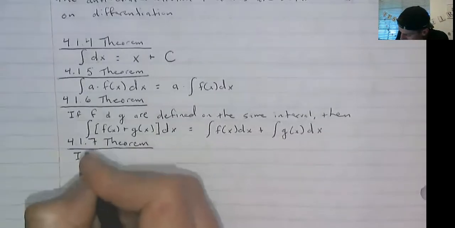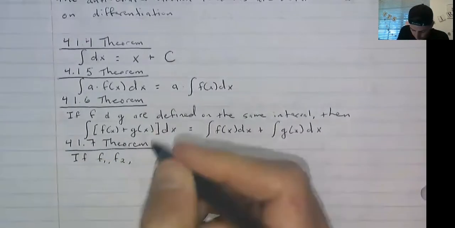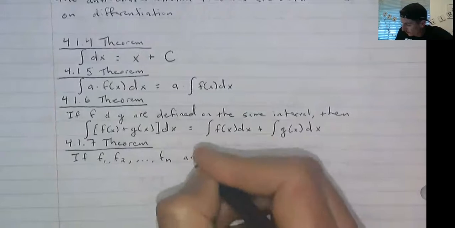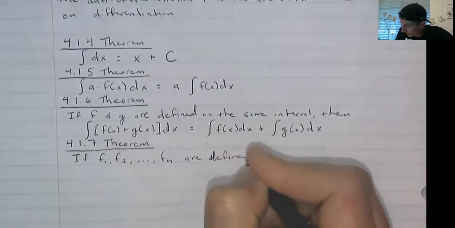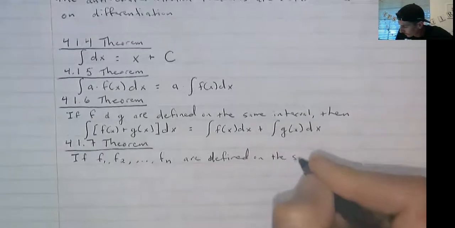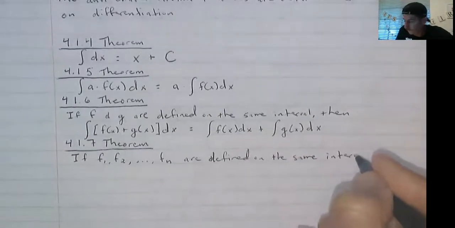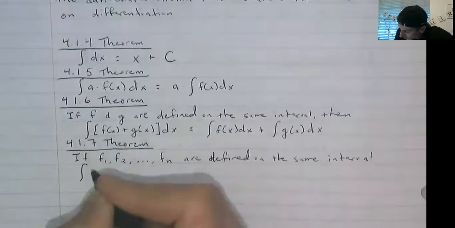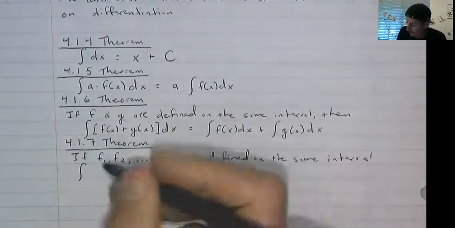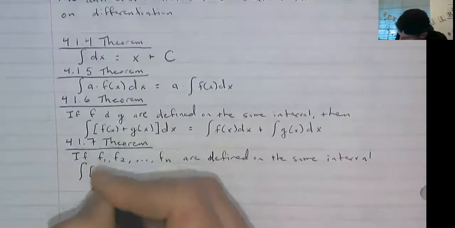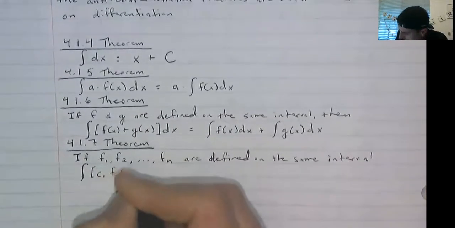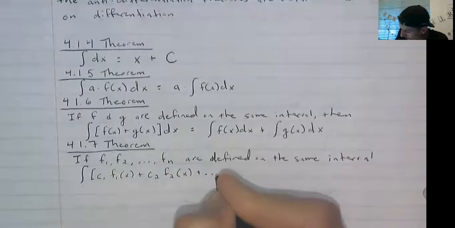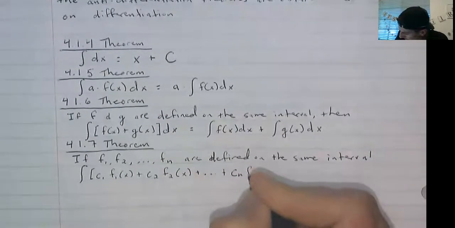So if, for example, f sub 1, f sub 2, all the way to some arbitrary number of functions, f sub n, are defined on the same interval, and you've got some huge nasty antiderivative that's polynomial in nature, like c sub 1 times f sub 1 of x plus c sub 2 times f sub 2 of x, all the way to c sub n times f sub n of x.